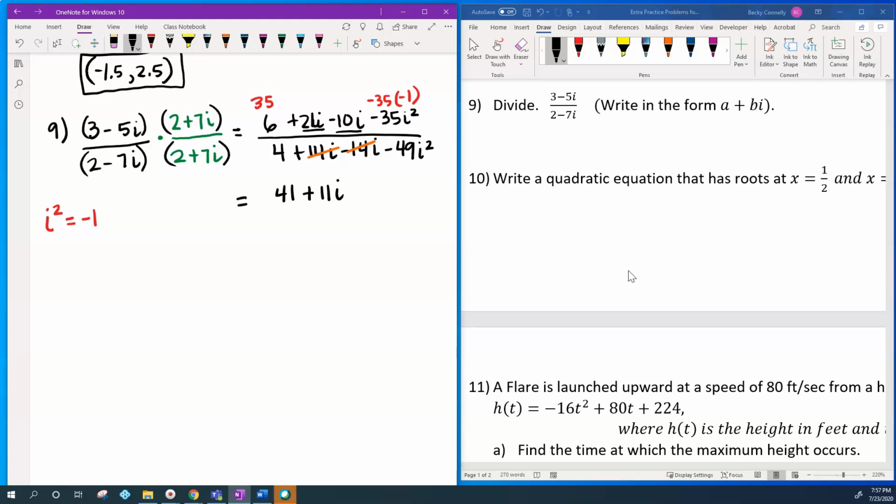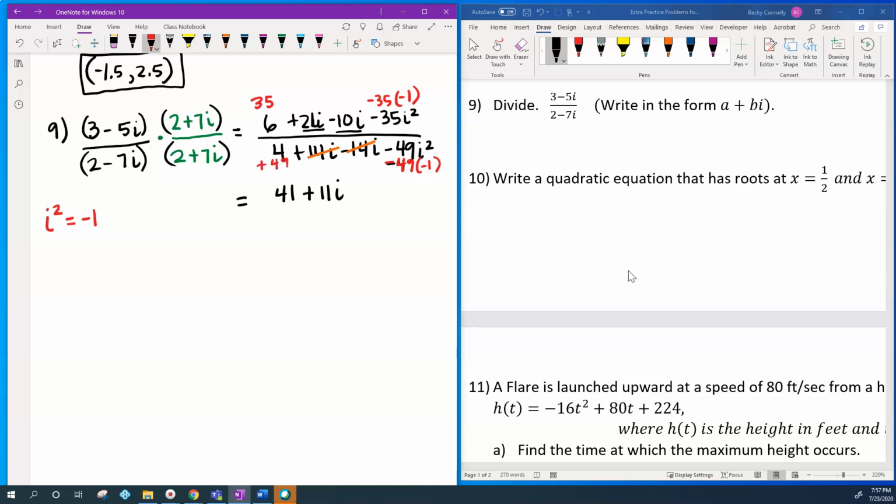Okay, and then what are we going to get on the bottom here when we simplify everything? I'll give you a minute to just try it and see. So remember, got that i squared again, so we've got to replace it with a -1, so that's really saying plus 49.